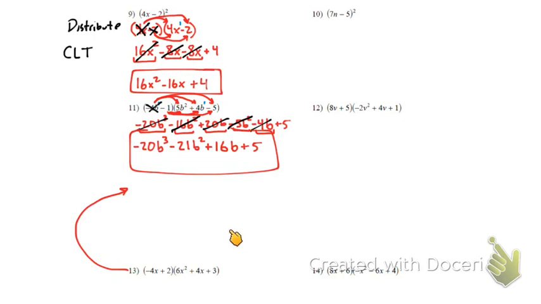Okay. So number 13, we're going to distribute because the parentheses say we're multiplying. So negative 4x with all these. So we're going to go a little faster, see if you can keep up. So negative 4x times 6x squared, that's going to give me negative 24x to the third.